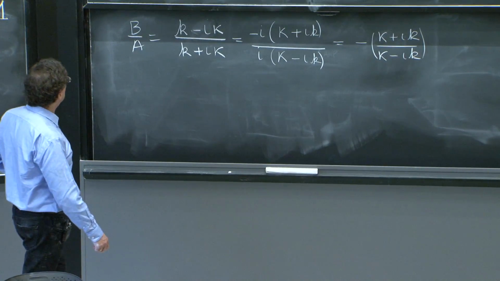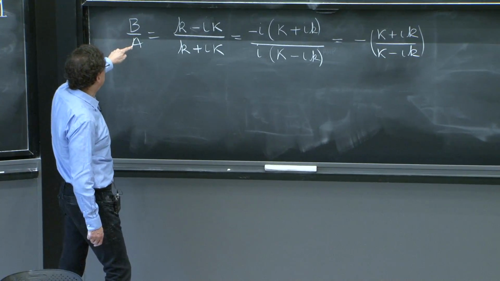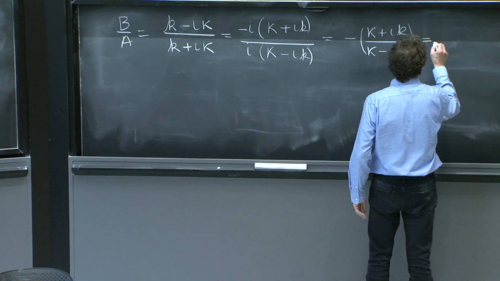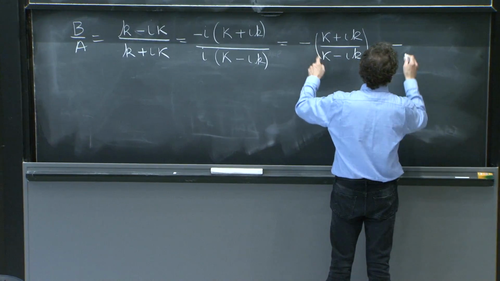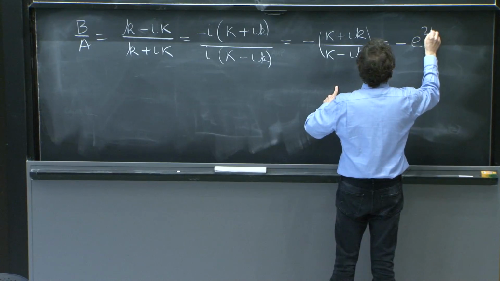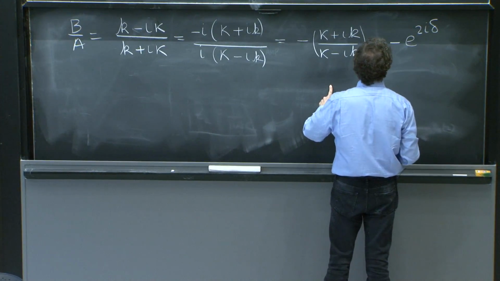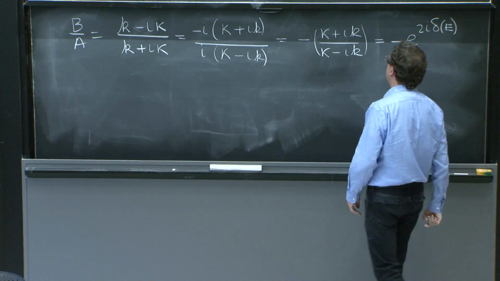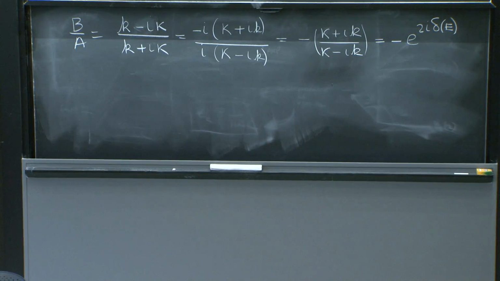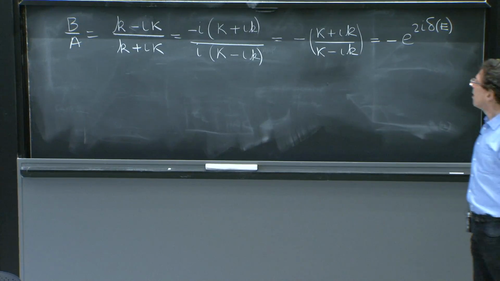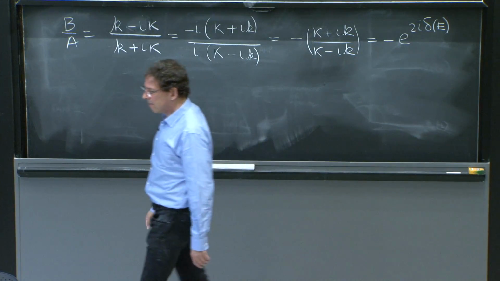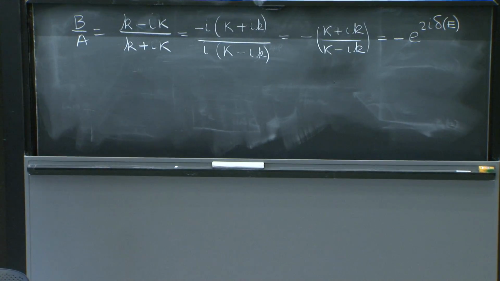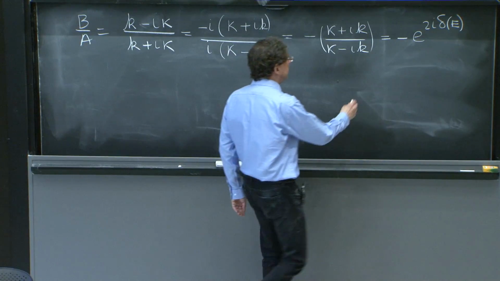There's a phase shift between the B coefficient and the A coefficient, and we'll write it as minus, the minus I'll keep, e to the 2i delta. That depends on the energy. I'll put delta of the energy because after all, kappa, k, everybody depends on the energy. So let's call it 2i delta of E. And what is delta of E?